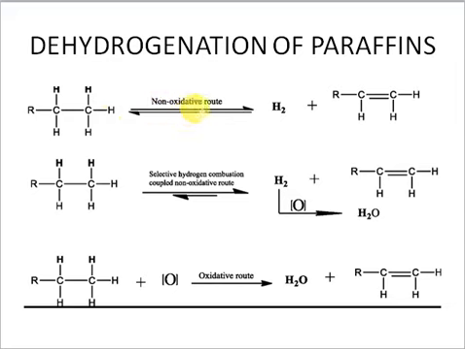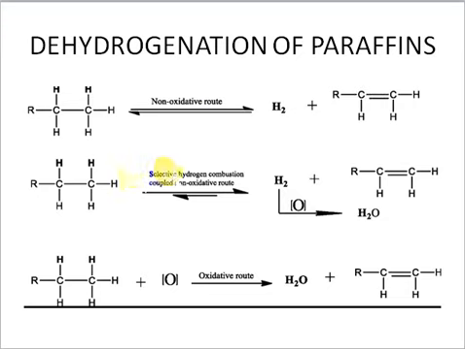Normally these are used for converting alkanes into alkenes. So this is the non-oxidative route. The reaction is reversible: alkanes get converted to alkenes, and the reverse reaction is also possible. But selective hydrogen combustion is coupled with the non-oxidative route. Here we are using oxygen, so the hydrogen gas which is produced reacts with oxygen to form water. If you remember the Le Chatelier principle, if we somehow remove one of the products, we can shift the equilibrium to the right side.